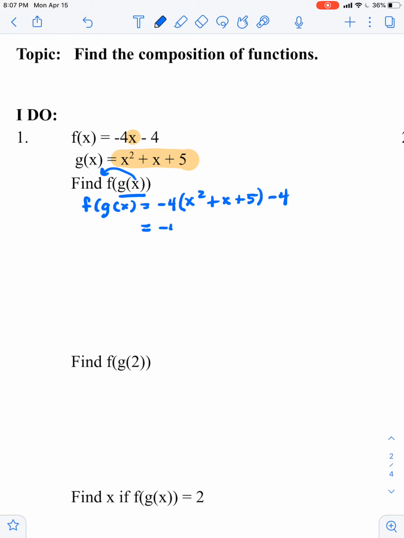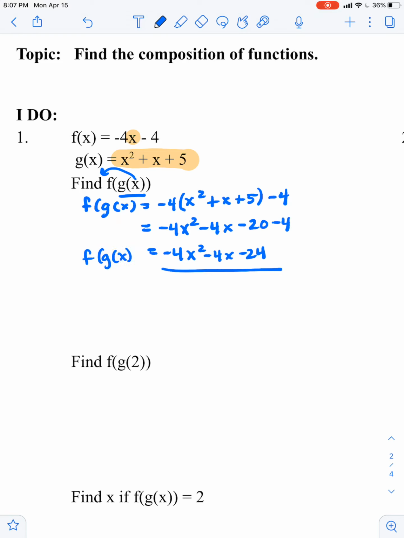Well, I would go ahead and distribute, which is now the easy part, and simplify. Okay, and then you're done. So f of g of x would equal negative 4x squared minus 4x minus 24.